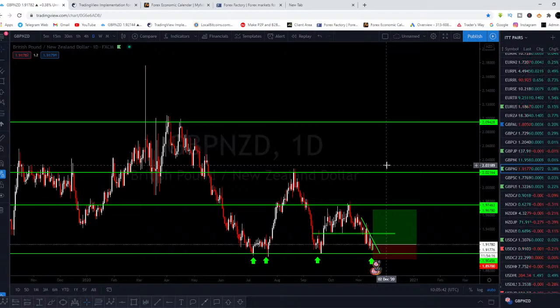My entry point is around 1.91795. Stop loss 200 pips for 500. Then first TP is going to be 30 pips.